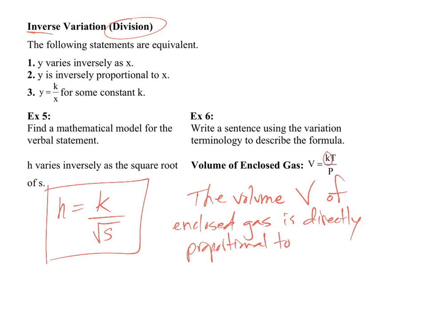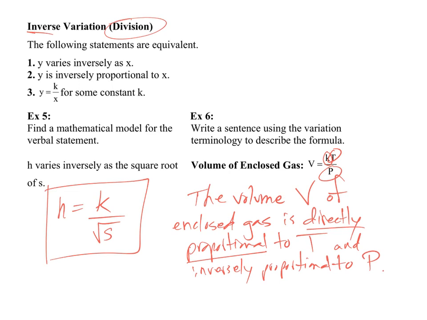Don't need to say anything about that. To t. I said directly proportional because t is on the top and I'm multiplying by that. And then what else is happening? I'm dividing by p. So what's going on with your variation there? You would also say that it is inversely proportional to what's on the bottom, p. That's all there is to that.